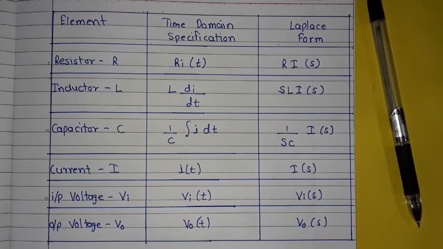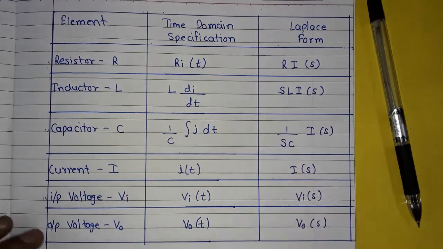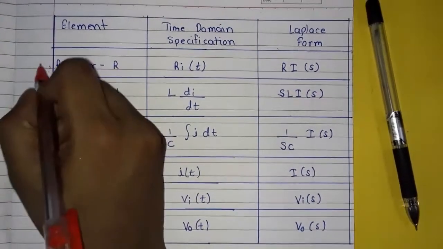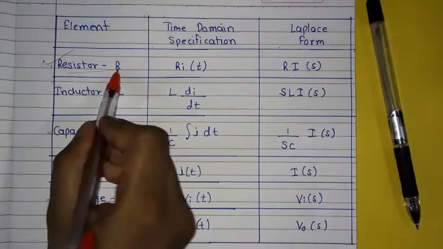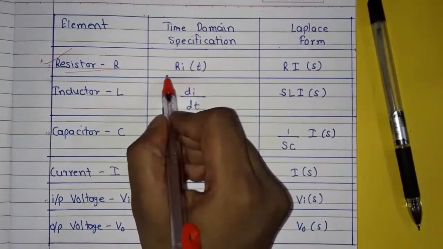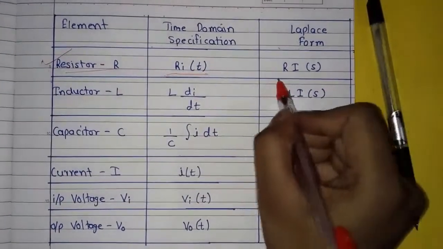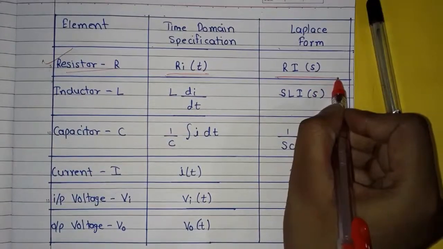Now let's see the elements of transfer function, their time domain specification and Laplace form. First element is resistor. Its time domain specification is R small i of t and Laplace form is R capital I of s.